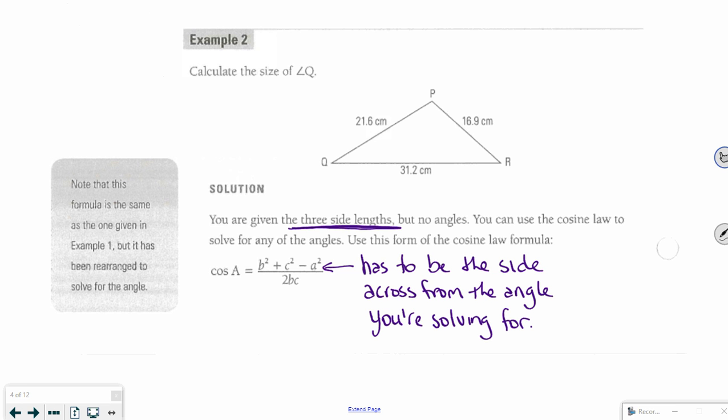Okay, if you put the wrong side in there, you're still going to get an answer. There's going to be no indication that it's actually wrong. It's just going to be the wrong angle.